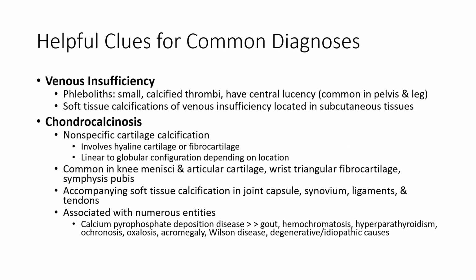Chondrocalcinosis is nonspecific cartilage calcification involving hyaline cartilage or fibrocartilage. It has a linear or lobular configuration depending on location. It is common in the knee, menisci, and articular cartilage, the wrist triangular fibrocartilage, and the symphysis pubis.